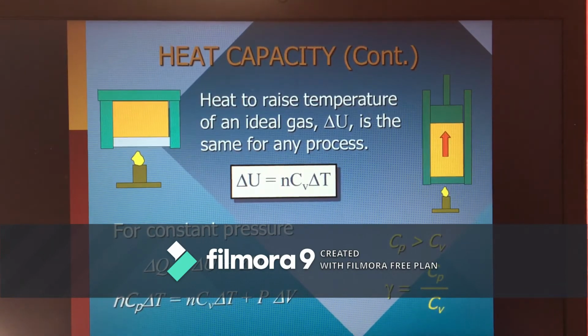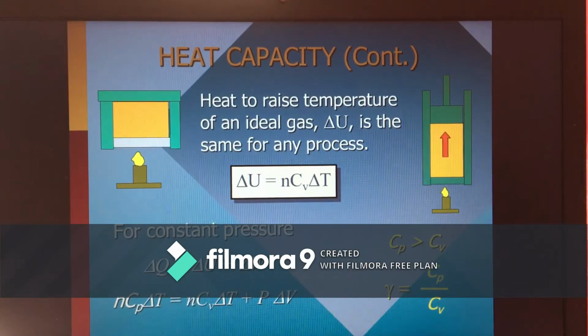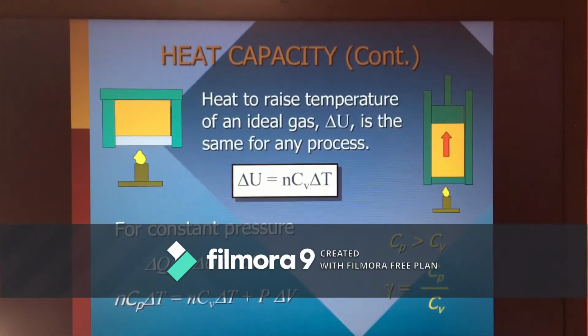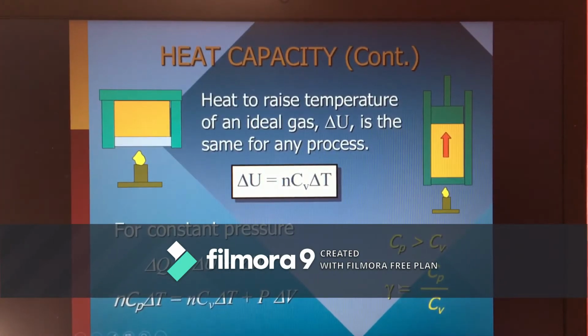We have here a relationship, the ratio of the specific heat capacity at constant pressure to the heat capacity at constant volume, can be represented by this symbol. How do you read this symbol? Gamma. Alright?